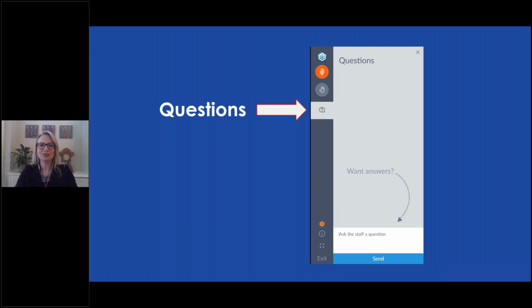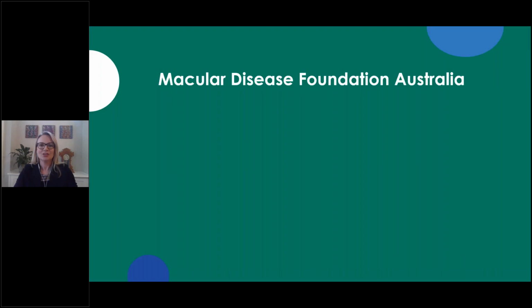Before we go to the questions, firstly, I would like to just talk about the Macular Disease Foundation. Of course, we were established in 2001, and our emphasis is to reduce the incidence and impact of macular disease. We do that through various pillars of work, the first of which is education.